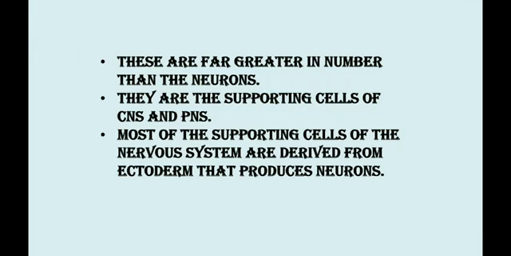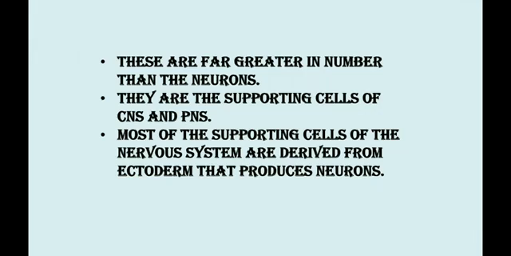Now what is the central nervous system? The central nervous system consists of your brain and spinal cord. And the peripheral nervous system is formed by the nerves which arise from the brain and spinal cord. That means these nerves will be present within the body but away from the center of your body.